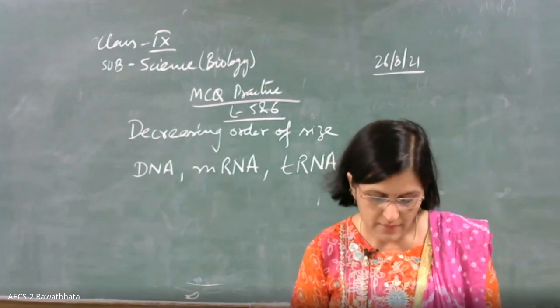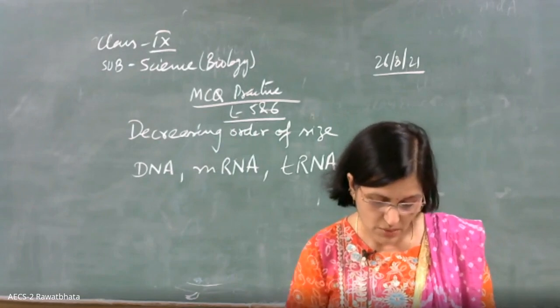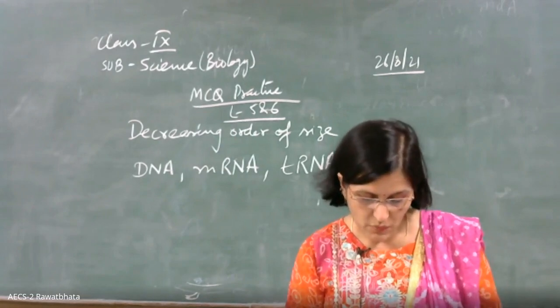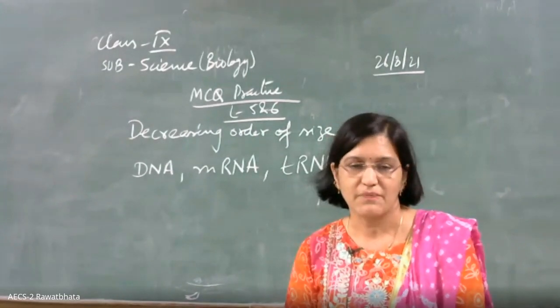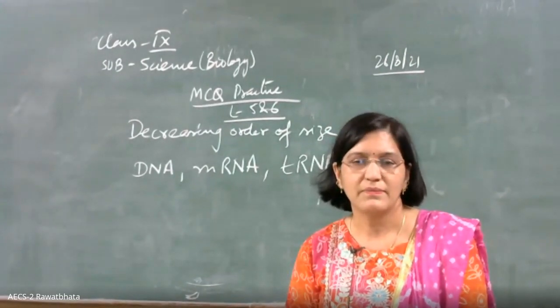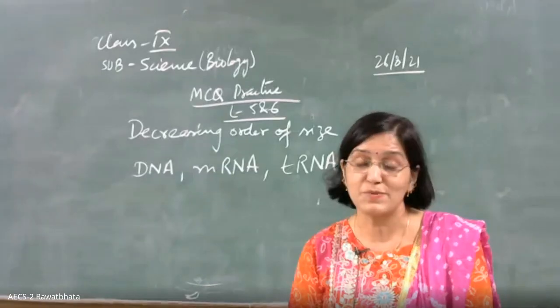Now, the nucleus of the cell was discovered by... What if I don't give you the options? Can you tell me the name of the person? Anamika? I'm not giving you the options. It is there in the book.